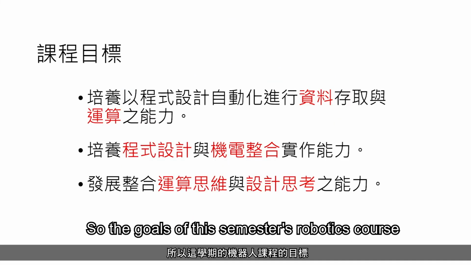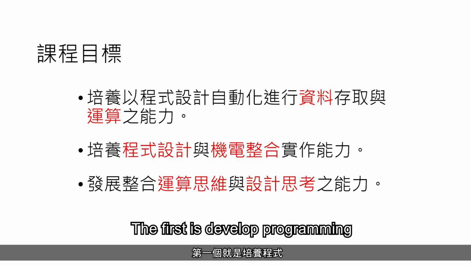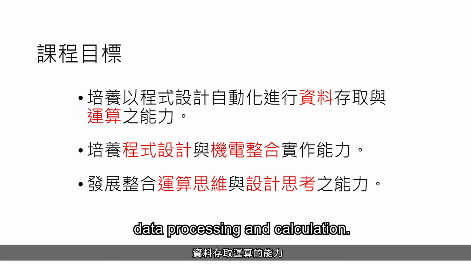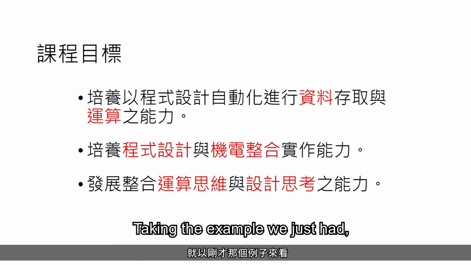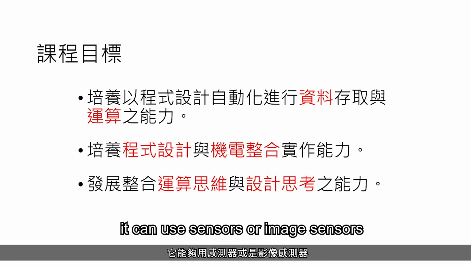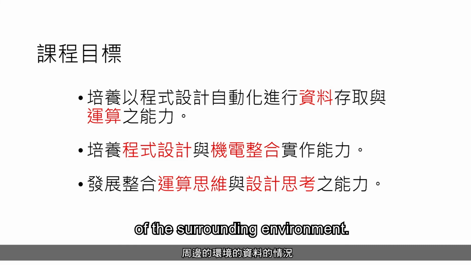So the goals of this semester's robots course are these three parts. The first is to develop programming ability for automation to perform data processing and calculation. Taking the example we just had, our sweeping robot, it can use sensors or image sensors or LiDAR to perceive the data of the surrounding environment.